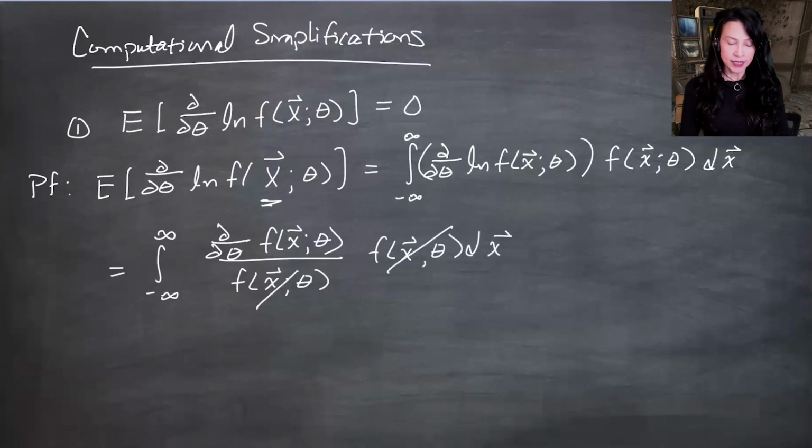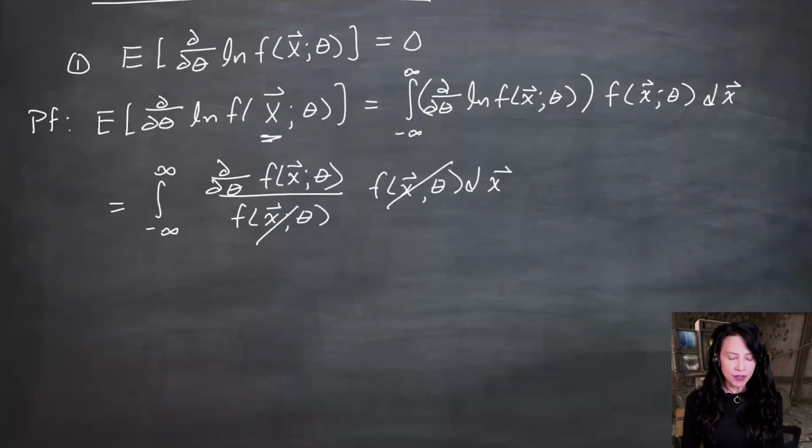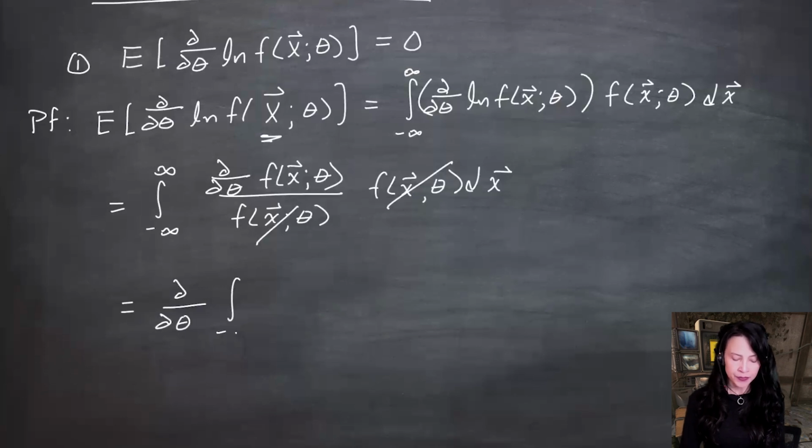We're going to get some cancellation, and now I have an integral of a derivative. I don't just want to cancel, because one is with respect to x and one is with respect to theta. So I am going to pull out the derivative, and because we're doing a Cramér-Rao lower bound simplification, we are assuming that we can do this.